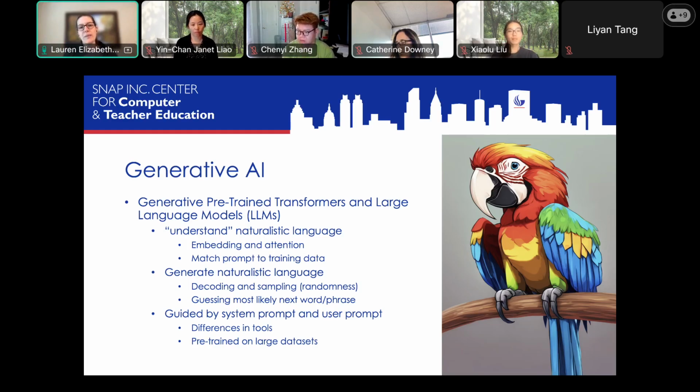So saying that it understands naturalistic language without the air quotes is a pretty big misconception, because it's really just converting it to math so that it can process it and then converting that back into language. It follows this process of embedding and attention, like was described in the reading, and uses that to match the prompt that you give it to the training data that it has.